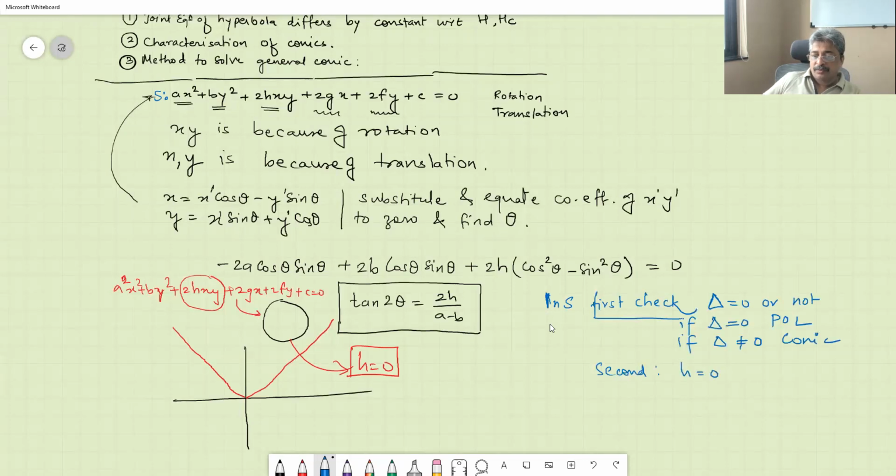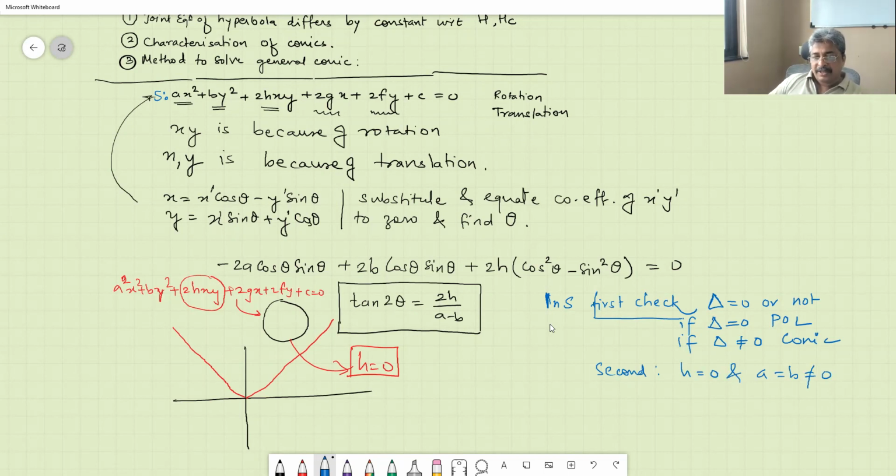h is equal to 0 and a is equal to b. A and B are not equal to 0 and are equal to each other, and H is equal to 0.